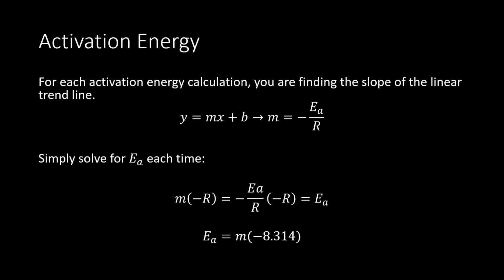And going back to our chart, even though R is in units of joules per mole Kelvin, that Kelvin would have gotten canceled out by multiplying by 1 over temperature. So what we end up getting is our units of activation energy being in units of joules per mole, specifically.